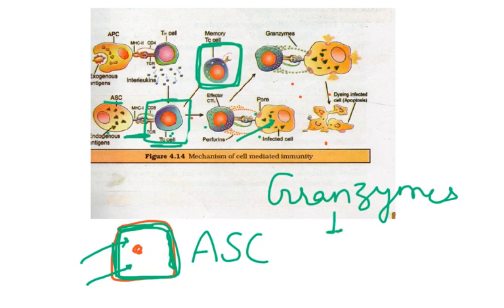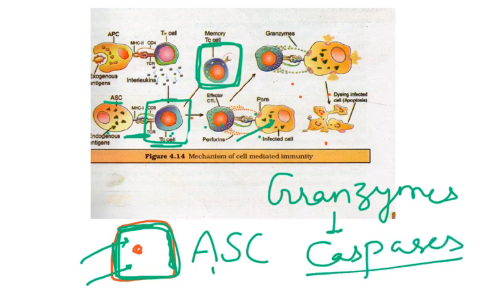The granzymes which have entered the infected cell promote the release of caspases. It's a special kind of protein, caspases. The caspases promote the particular infected cell to die by themselves.